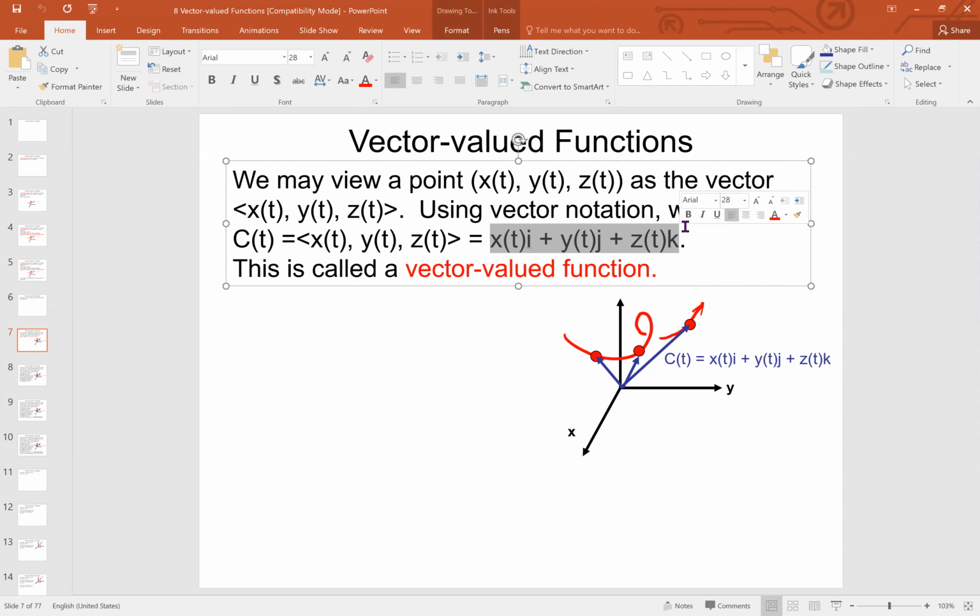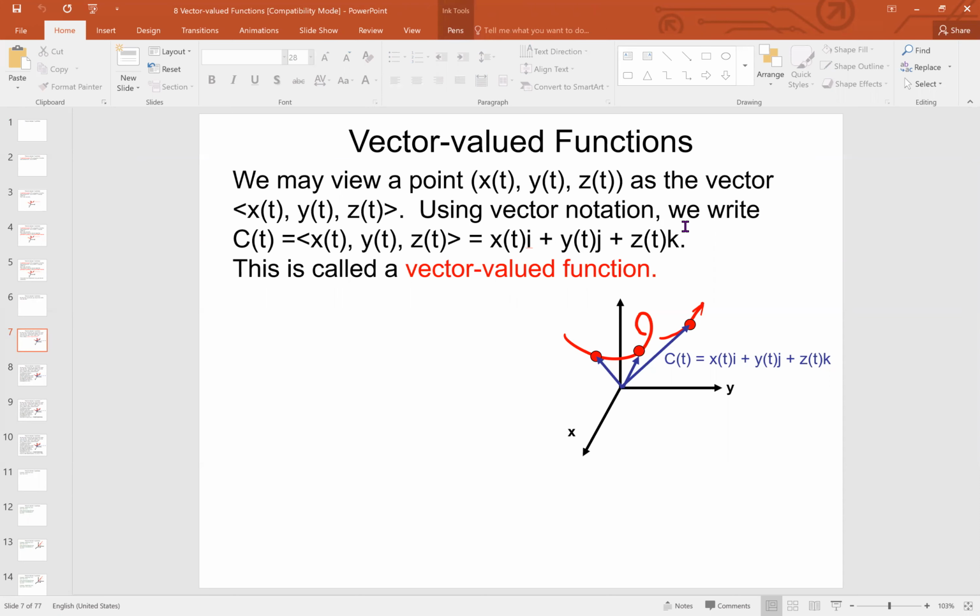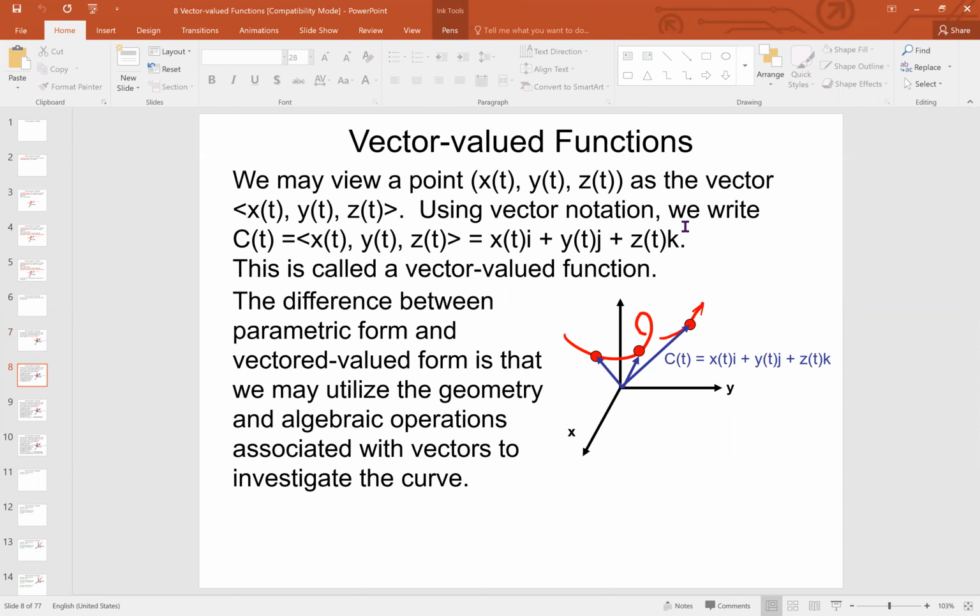I don't have to look at three different components, x, y, z. When we treat these as vector valued functions, we think of the points as endpoints of vectors instead of positions, so we can do algebra with the geometry using vectors.